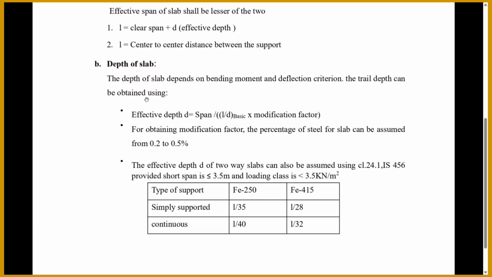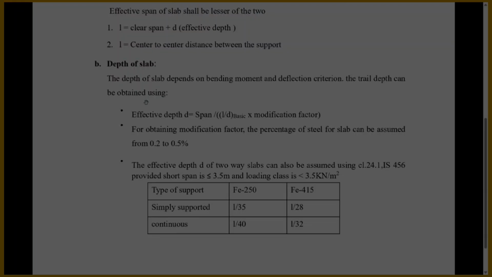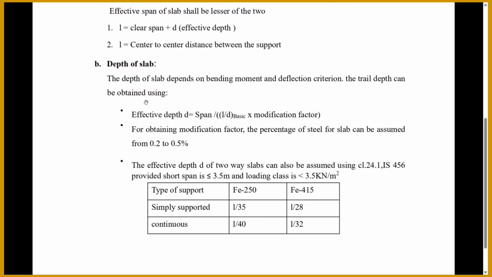Particularly, we will use IS code 456-2000 for the slab designs. And the trial depth we can obtain using the codal formula, which is also given in our IS code.